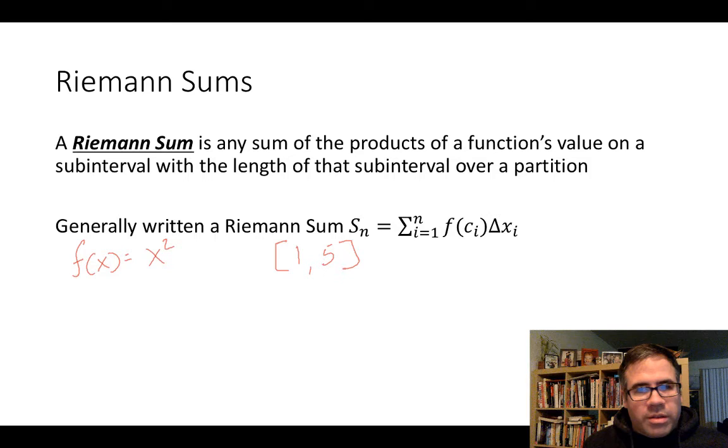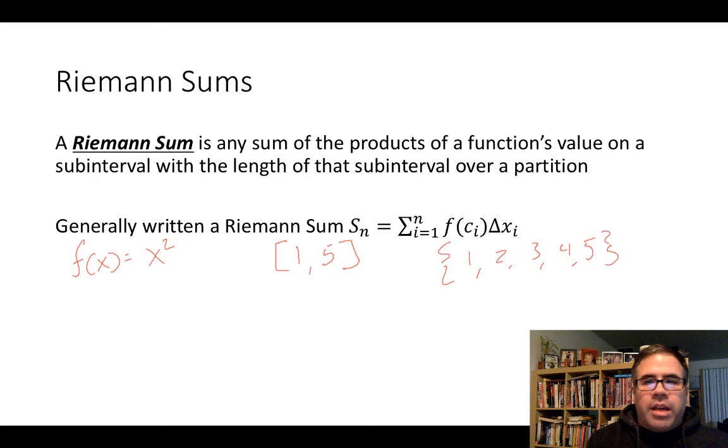So for subintervals, we need a partition. Our partition is just going to be 1, 2, 3, 4, 5. Actually, this ends up being 4 subintervals. So this is going to be a Riemann sum.